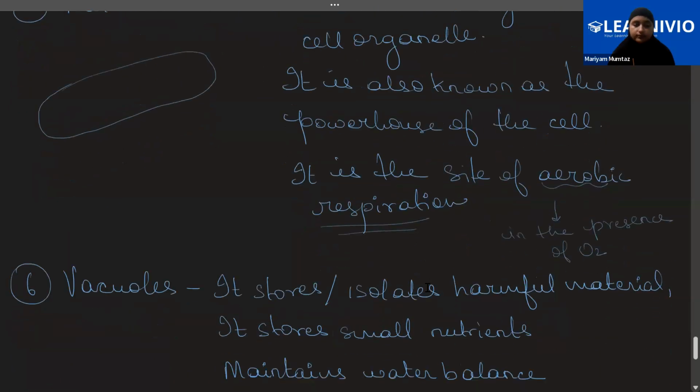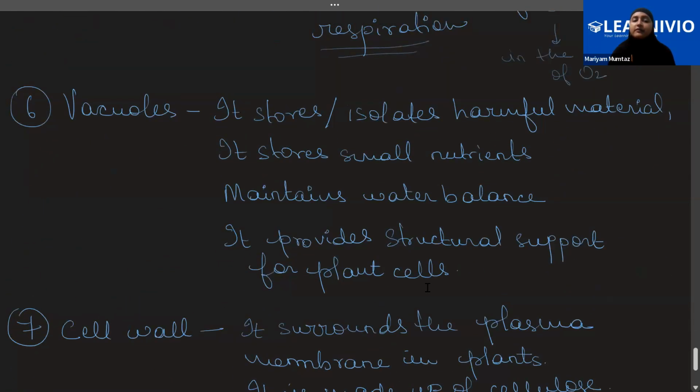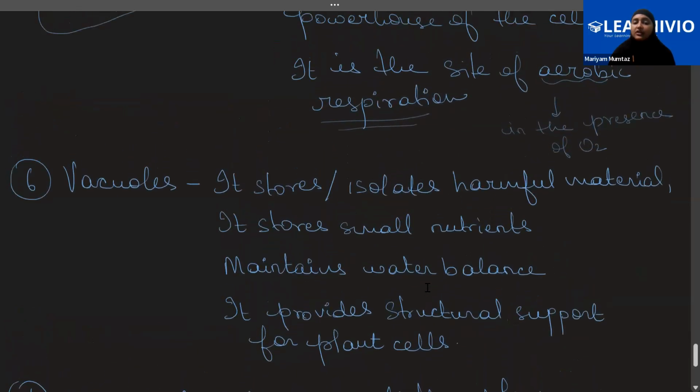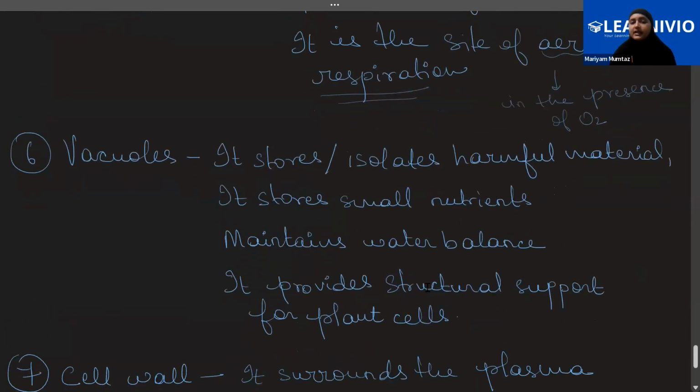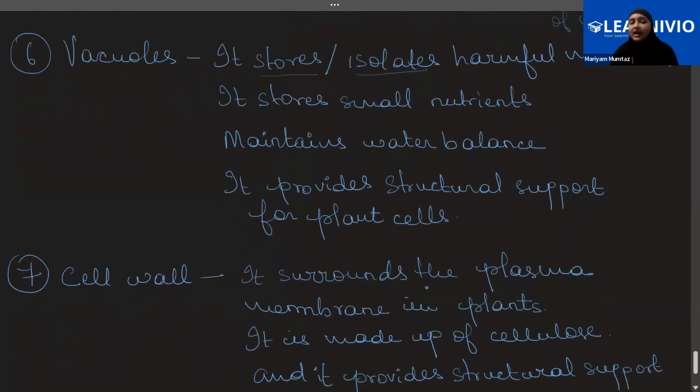Now we come on to the vacuoles. Vacuoles are the cell organelles that store or isolate harmful materials. They store small nutrients, maintain water balance, and provide structural support for plant cells.